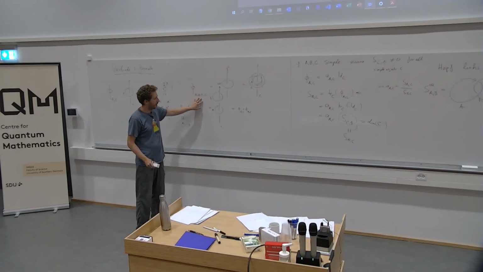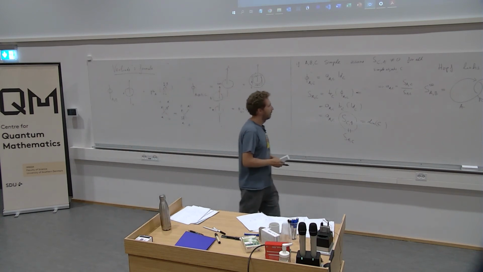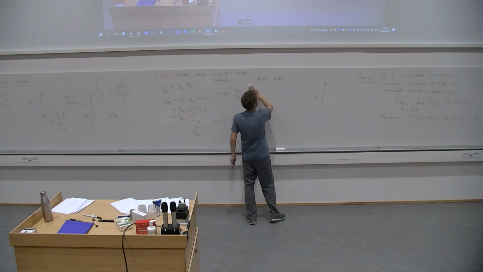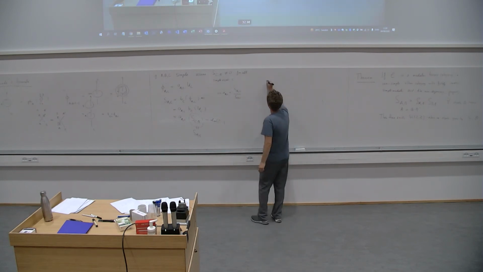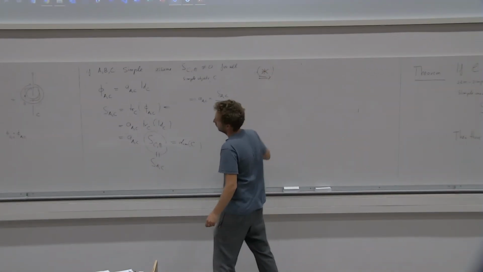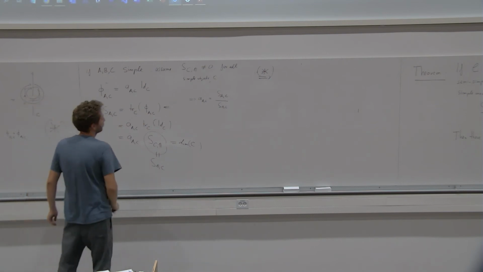Okay. Now with this computation, we can write down this identity in terms of Hopf links of the closed ones, right? So let me now erase this here. Then it follows from the computation that we did here. Let's call this identity here star.